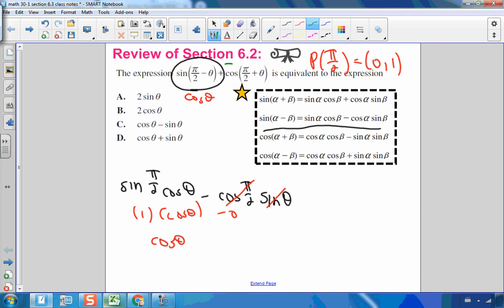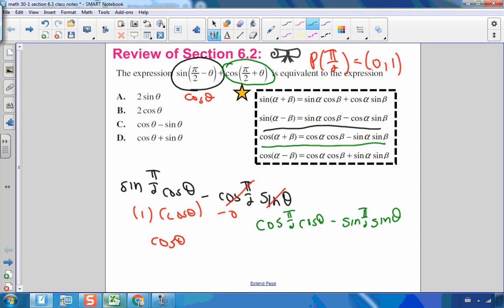Let's work out the other part here. So we're going to do cos of pi over 2 plus theta. So that's going to be this one right here. Let's substitute that in. So I'm going to do cosine of pi over 2 cosine of theta minus sine of pi over 2 sine of theta.